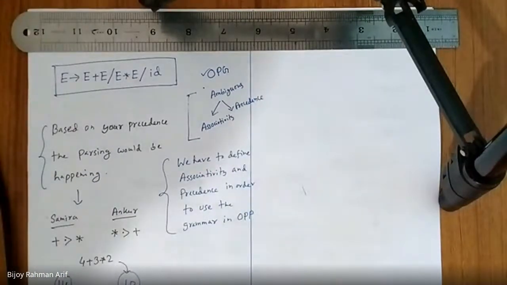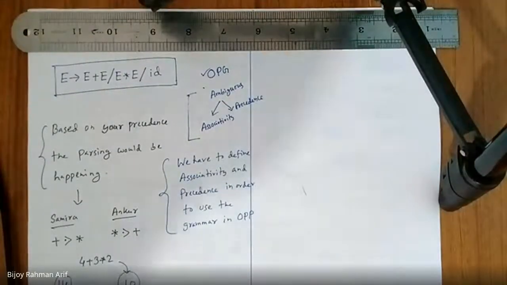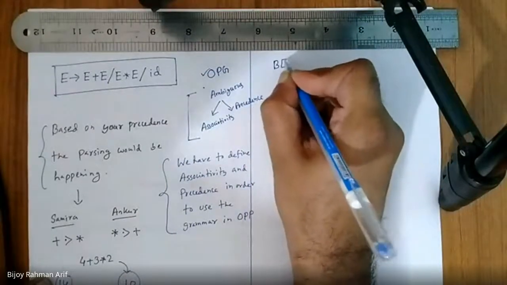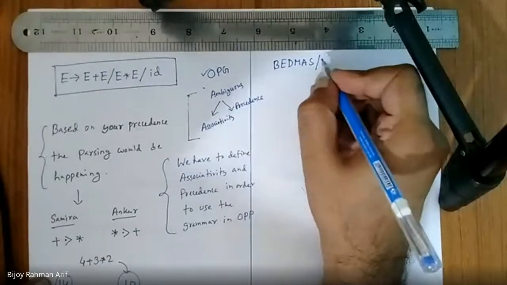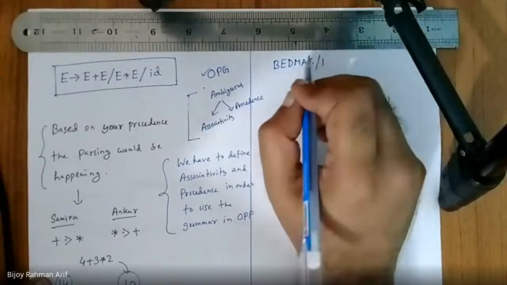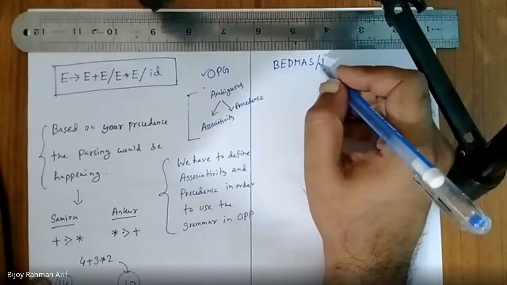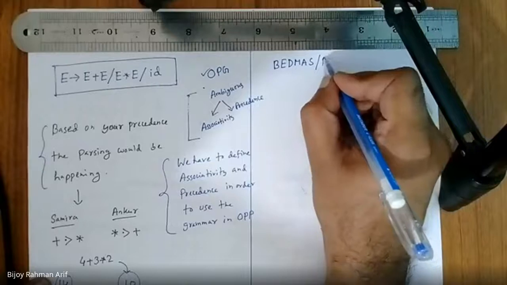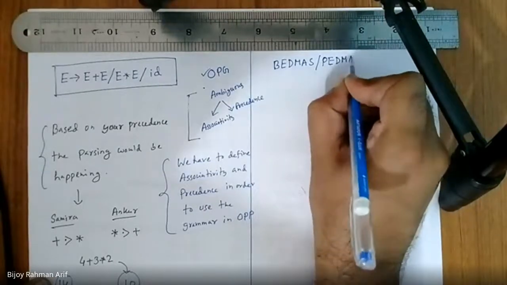You have to fix your associativity. So in this case, which one can we take? We already know an associativity rule in our algebra, which is nothing but, what is that called? BODMAS. Some also call it BADMAS.